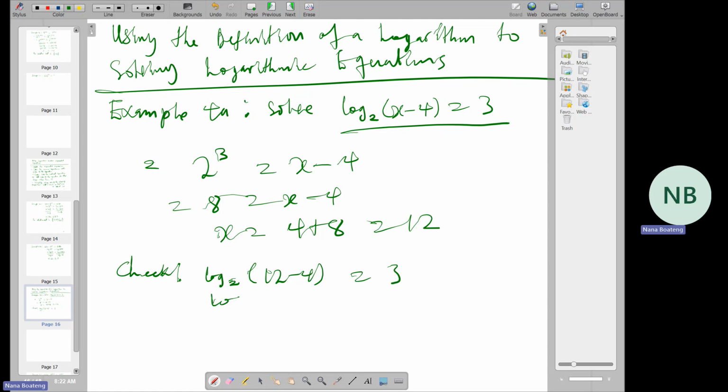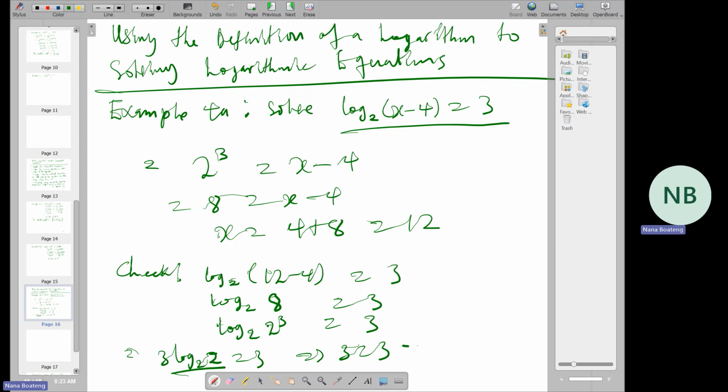So this is the log to the base 2 of 8 is equal to 3. 8 is 2 power 3, so this is log to the base 2 of 2 power 3 is equal to 3. And this is the same as 3 times log to the base 2 of 2 is equal to 3, right? And the log to the base 2 of 2 is 1. So this means we have 3 equals 3, which is true. So the solution set is 12.